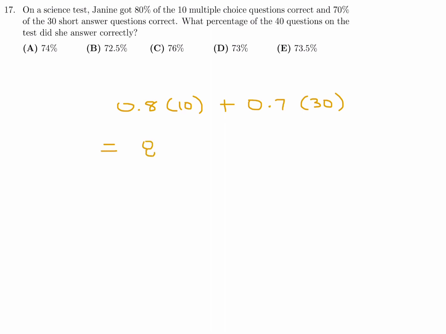That's 8 plus 21, so that's 29 that she got correct. So 29 of the 40 total, and as a percentage, that is 72.5%. So number 17, the answer is B.